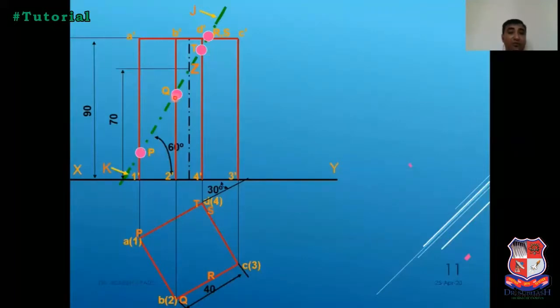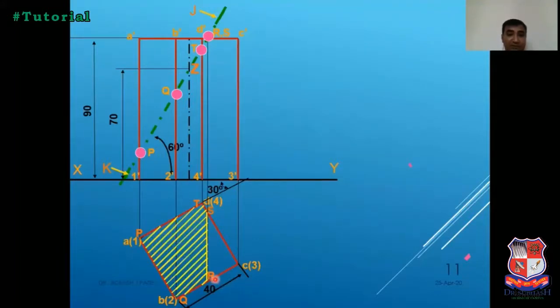Point Q is on B dash 2 dash, so here it is on point B. Okay, point R is in between B and C. Now draw the projections here, so point R will be here.